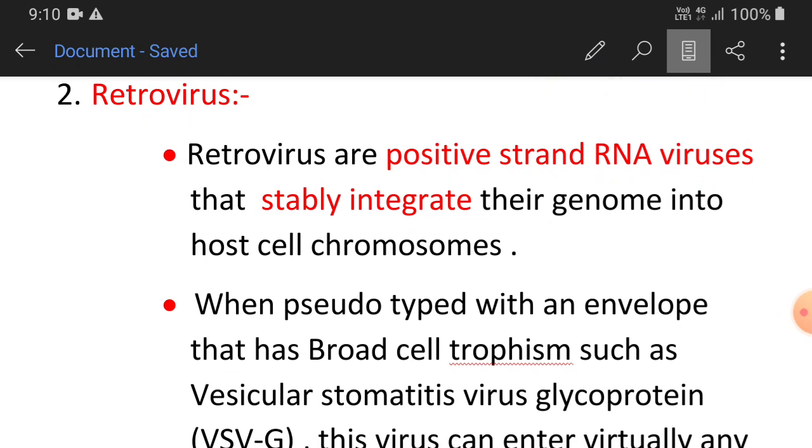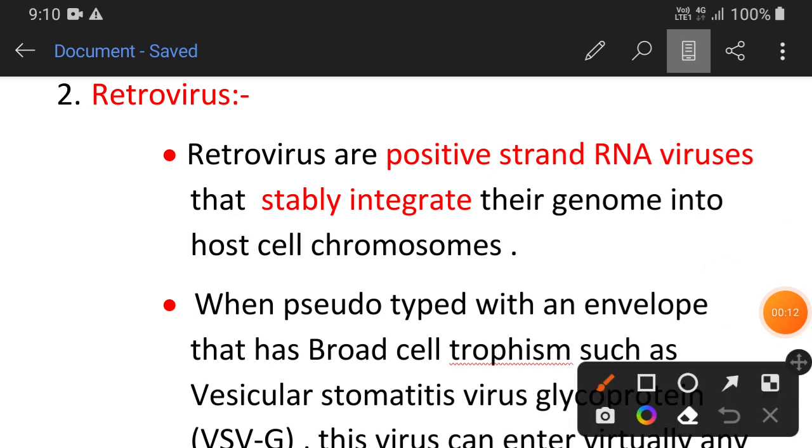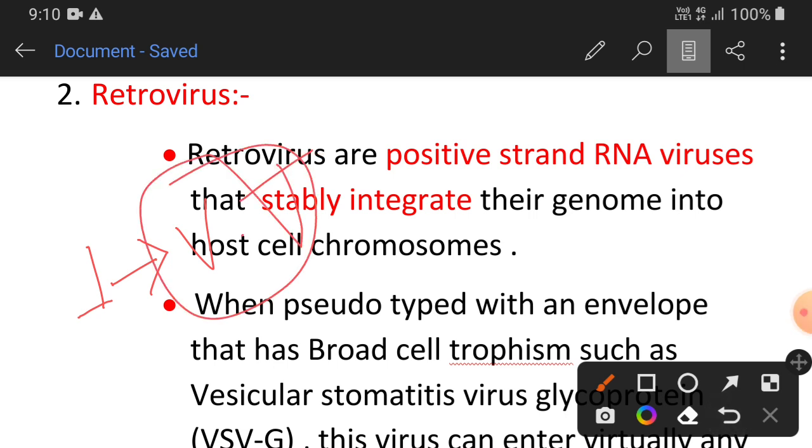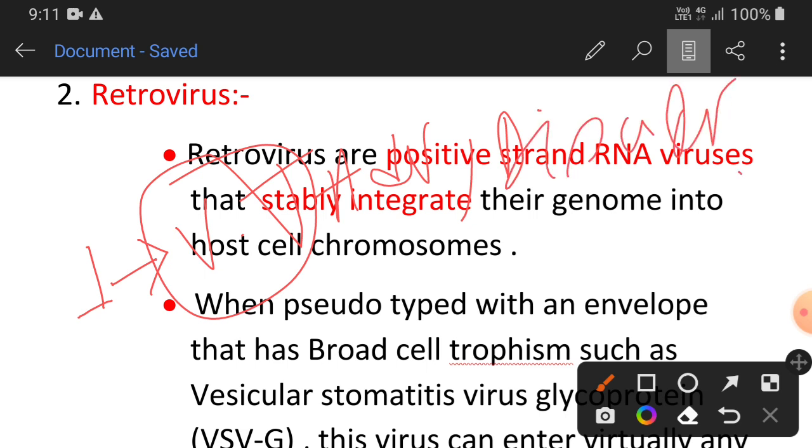So in the first video we have discussed the introduction of viral transduction, why viral transduction is necessary, and in case of which kind of cells we are using viral transduction. In that video we also discussed the advantages and disadvantages of viral transduction, and a standard protocol for viral transduction, right?